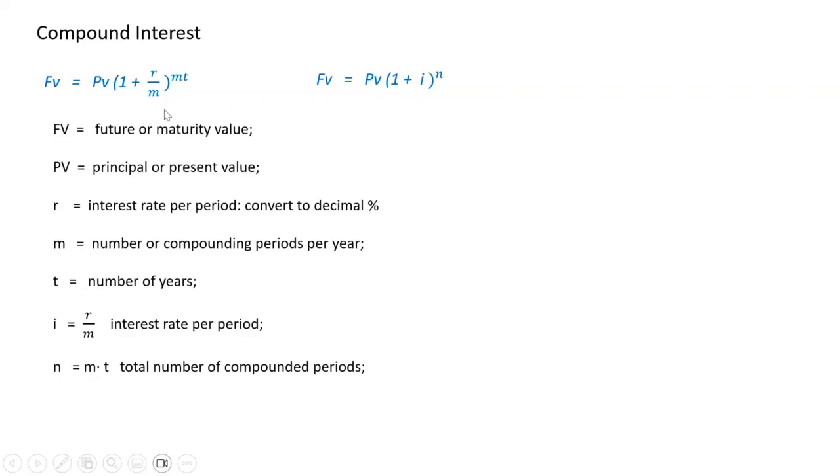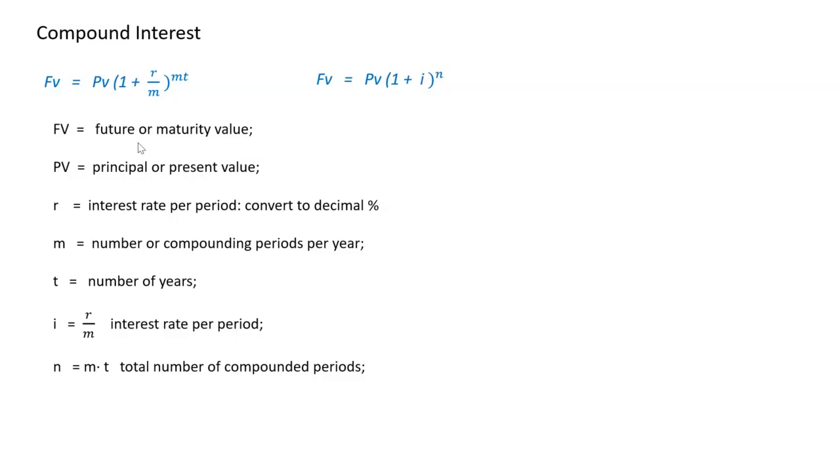Okay, so hey guys, for the rest of this chapter, there are 7 things that you have to list down. 7 things always. You see, there's the future value, present value, my interest rate, number of compounding periods per year, the time, the I, and the N. So the FV stands for future value, or maturity value.